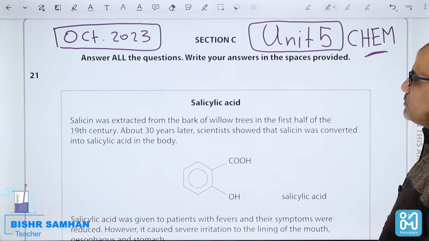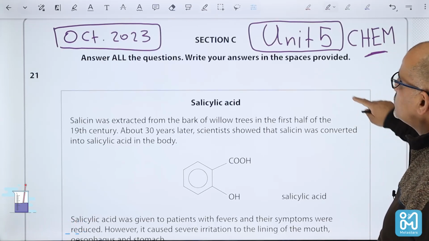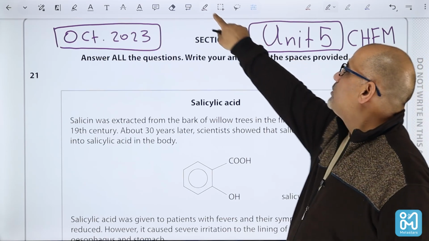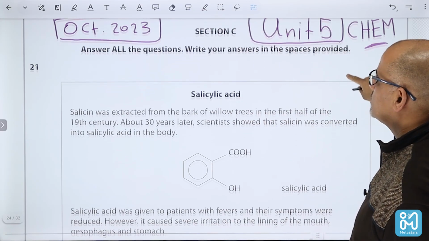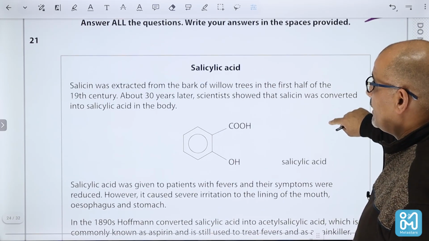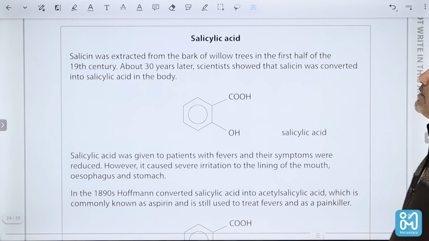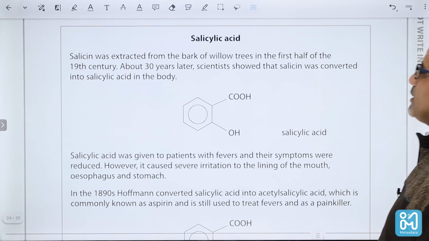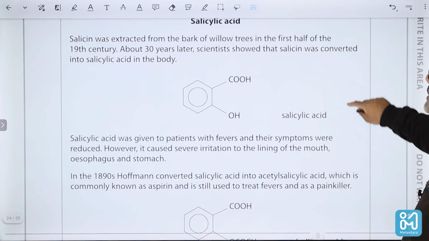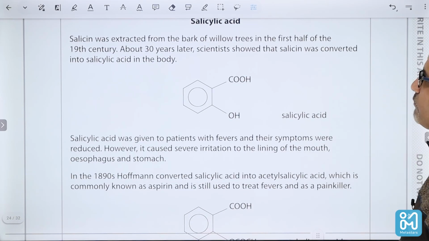In this question, it's a context-based question. It's an article question. They ask you about salicylic acid. Salicin was extracted from the bark of willow trees in the first half of the 19th century.